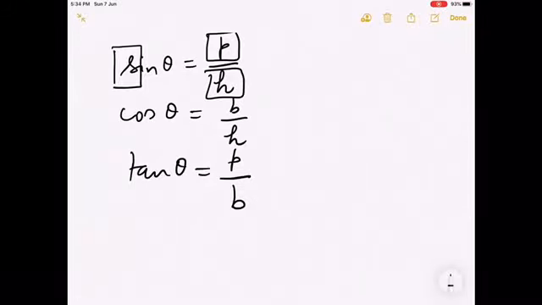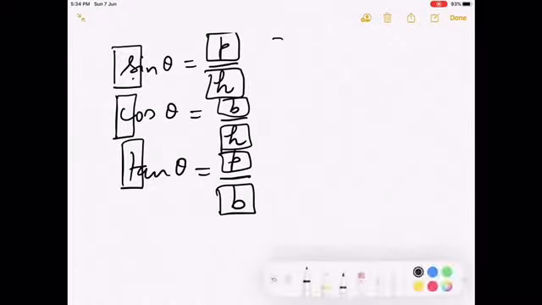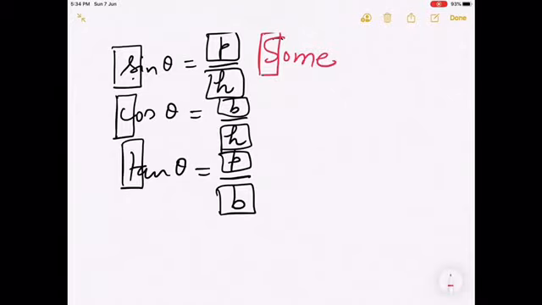As I told you, these are known as trigonometric ratios. We consider the first letters of these three trigonometric ratios as S, C, T, and then we consider the letters which are coming here in their formula. So we try forming a sentence which contains all these letters in the correct order. So first is S, so I write here "some". Now this S means sine.